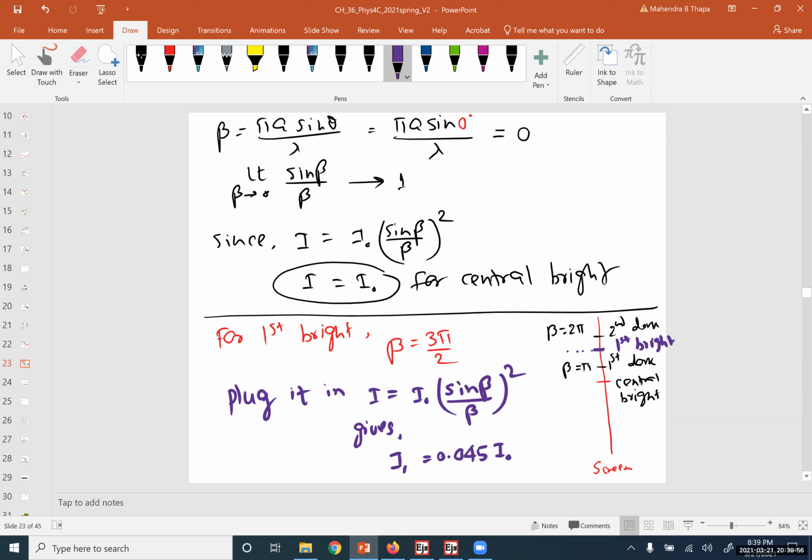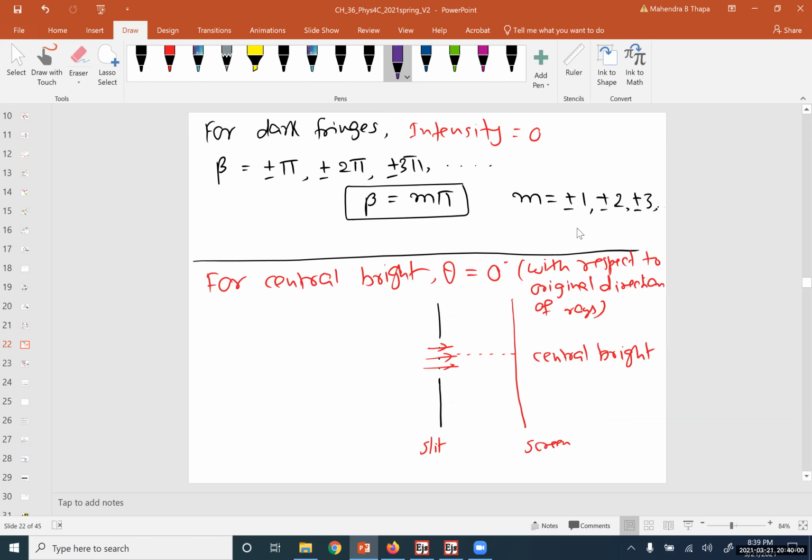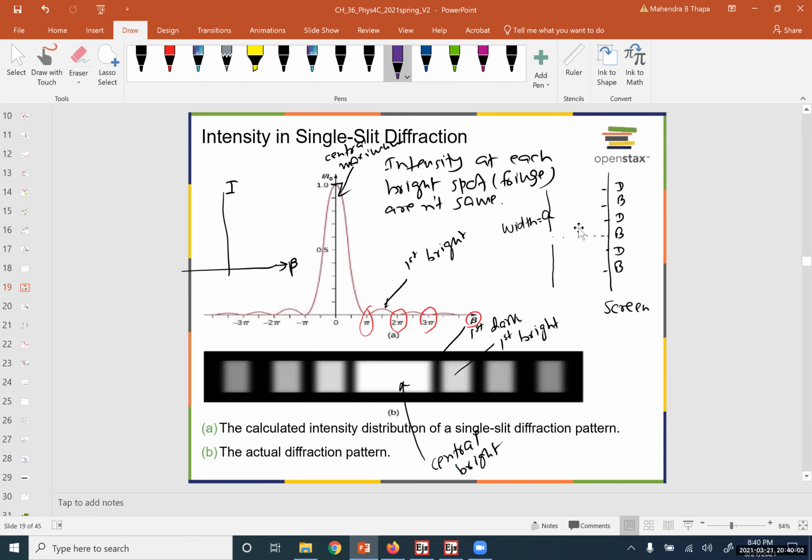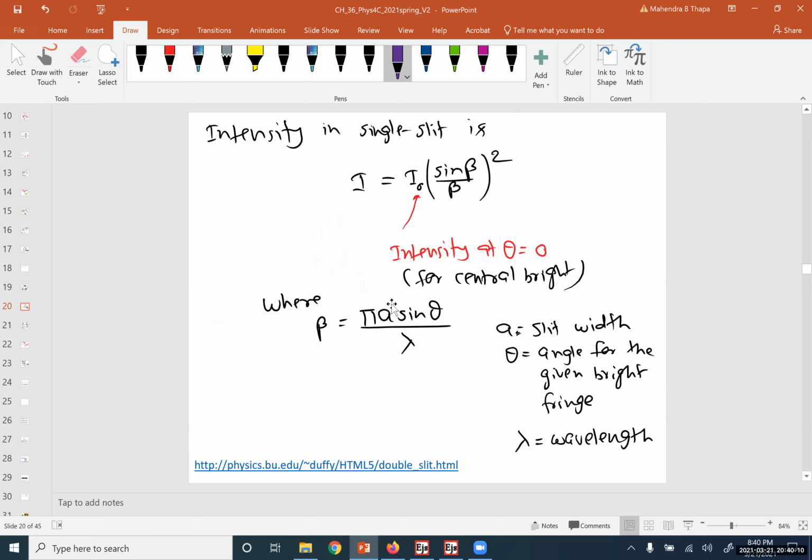So just only 4%. You can see already in the pattern that the intensity of the first bright is very, very small. From this point, you see that the intensity will be going down.